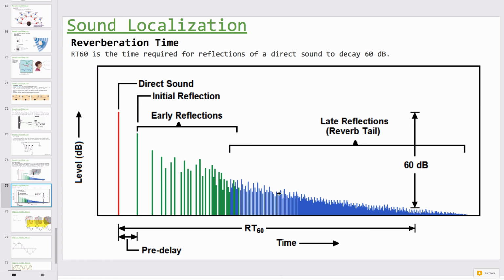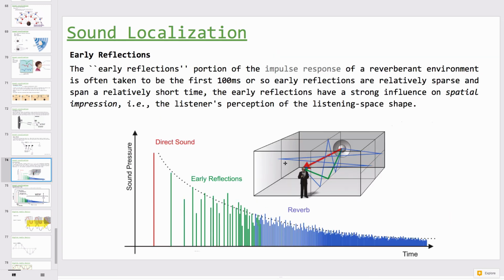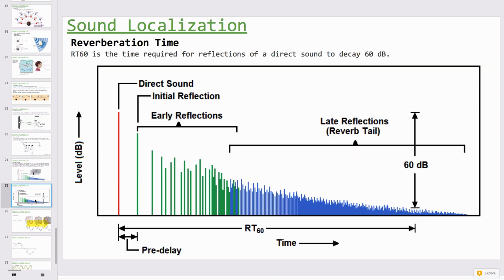So if you can imagine really hard surfaces like glass or concrete, picture a concrete church, the reflections aren't losing that much energy every time they bounce off. So it takes a really long time for it to decay 60 dB, and you get these really long reverb tails, these really long times.